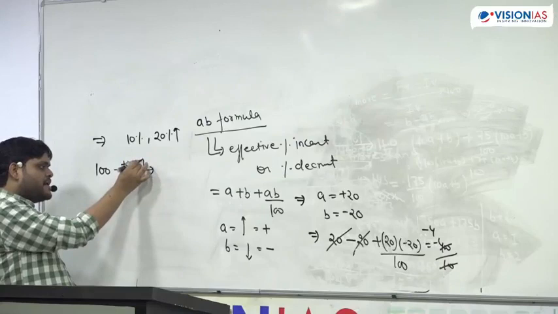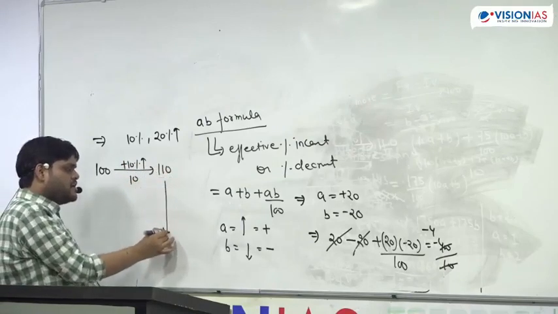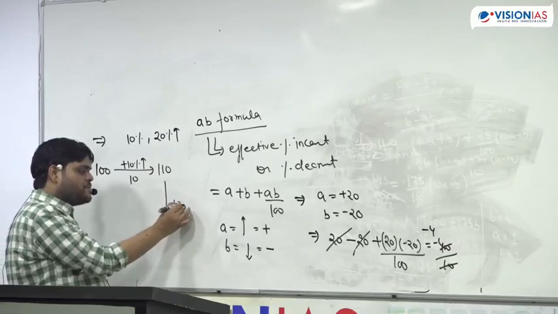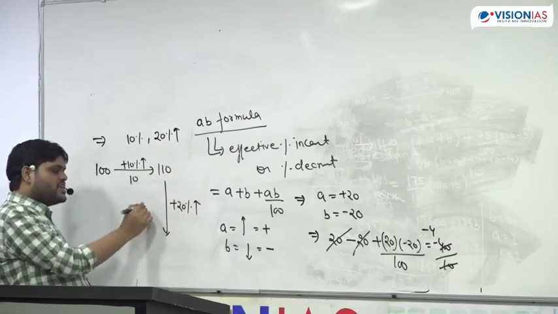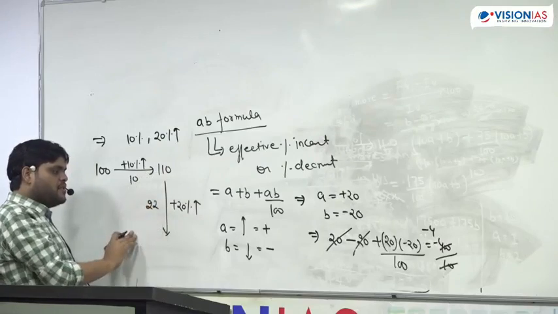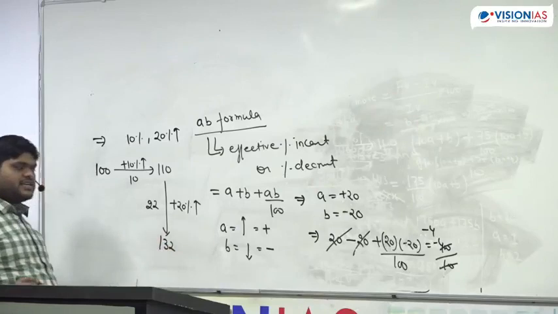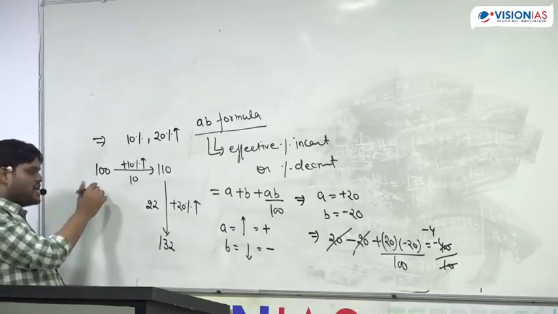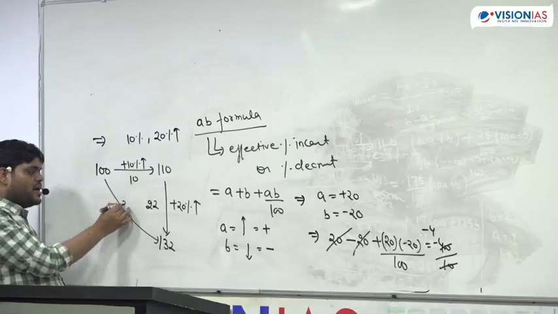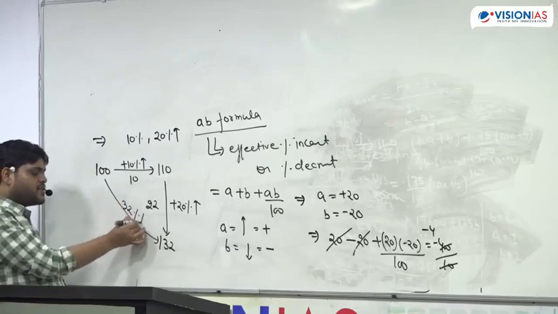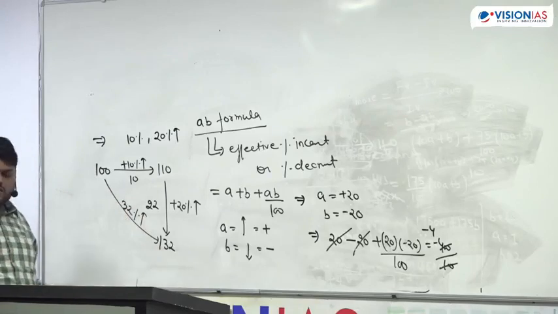After a 10% increment, the number becomes 110. Then a 20% increment, meaning addition: 20% of 110 is 22, so the total becomes 132. It was 100, now it is 132. That means there is an increment of 32%. You can do it without pen and pencil also.